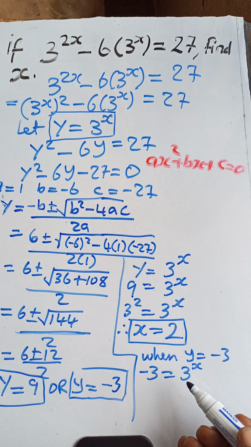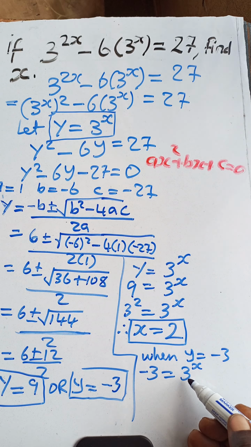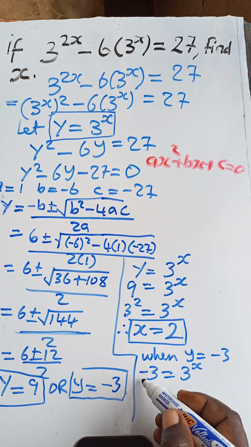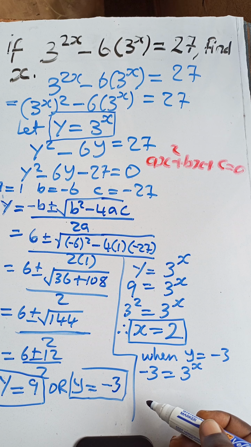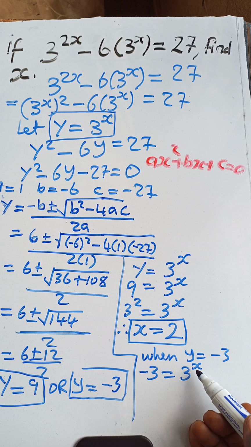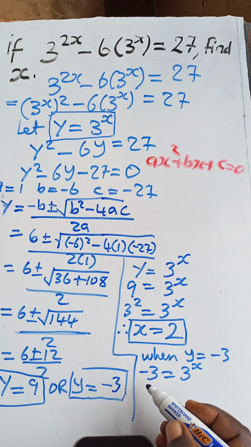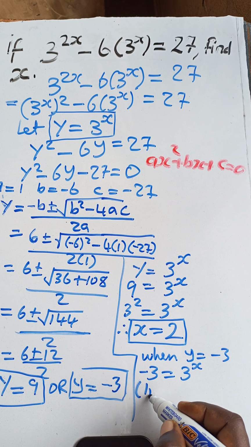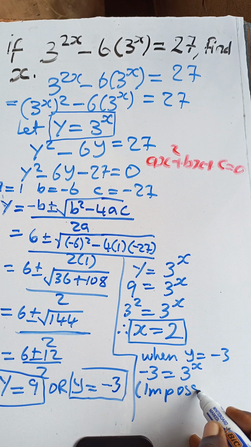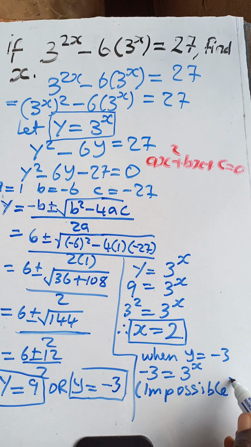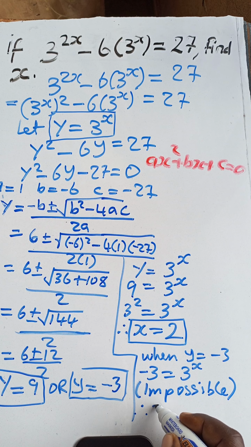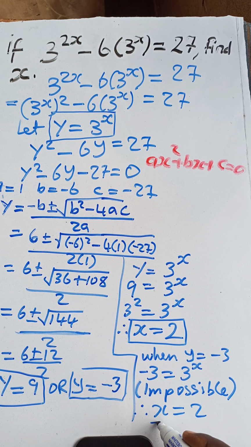We know really that there is no expression in exponent form whose result will ever be negative, no matter the sign of the power. Whether the power is positive or negative, the result will always be positive. So this is a situation of impossibility. Conclusion: therefore, x has only one value, which is 2.